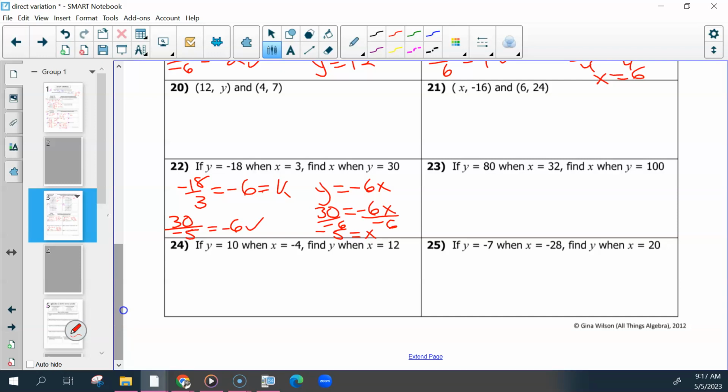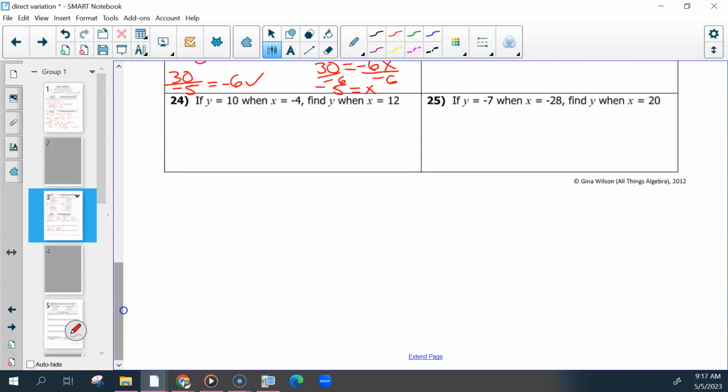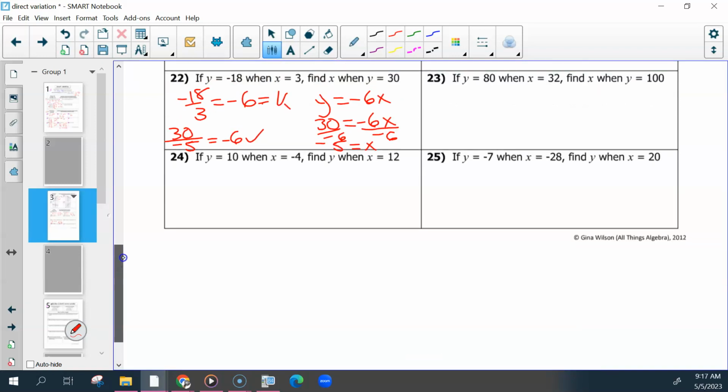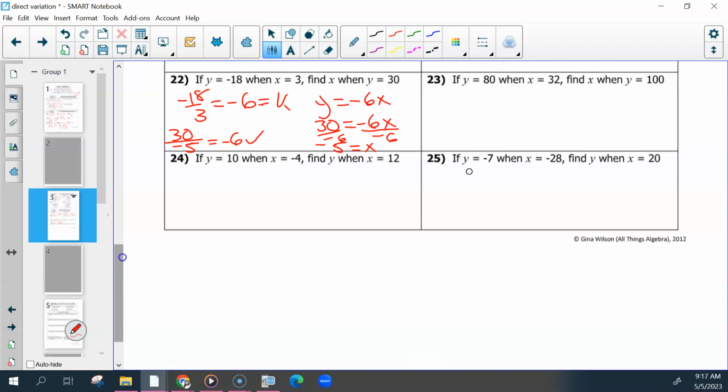And then one more of these, 25. Go ahead and divide these. You're going to get a fraction. What would that fraction be?